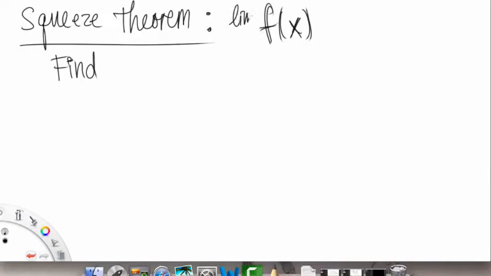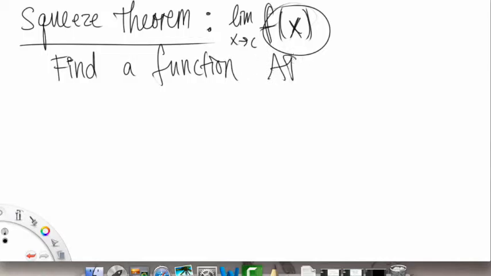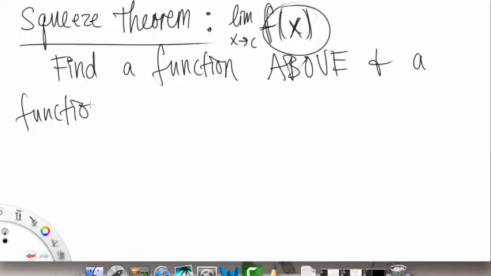So if we're given the limit as x approaches c of some expression, what we have to do is find a function above, always above, and a function below, always below, on the given interval, okay?